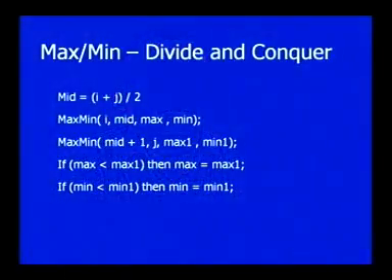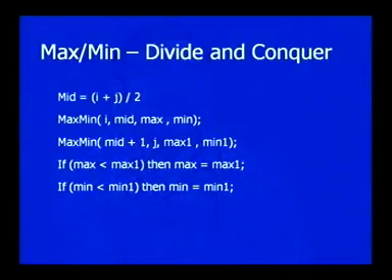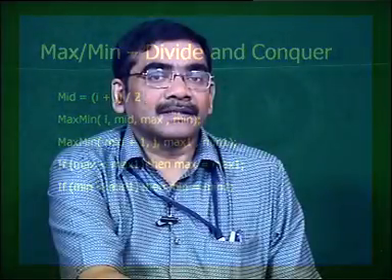So, let us go for the divide and conquer strategy. What we will try to do is that again we will use the concept of low, high, we will find the middle element. Using that we will partition the array into 2 equal halves, then we will try to find the maximum and minimum of each sub array.